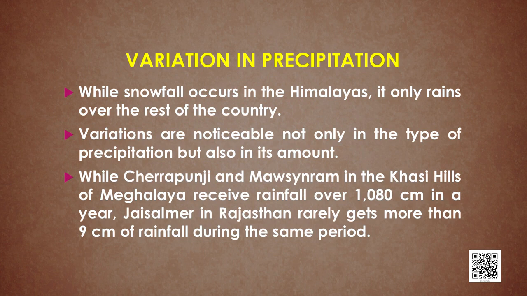Cherrapunji and Mawsynram in the Khasi Hills of Meghalaya receive rainfall of more than 1080 centimeters in a year, whereas Jaisalmer in Rajasthan gets little more than 9 centimeters. So, see the variation in precipitation and the amount of rainfall. Tura, situated in the Garo Hills of Meghalaya, may receive an amount of rainfall in a single day which is equal to 10 years of rainfall in Jaisalmer.